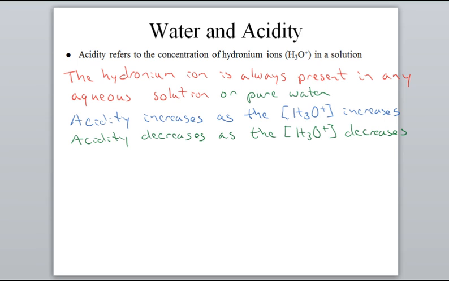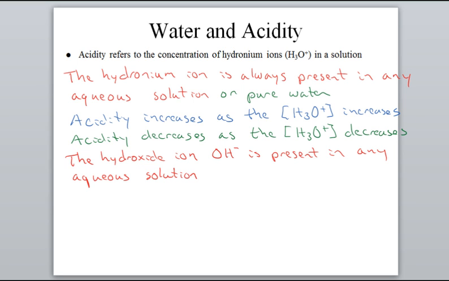What's also interesting about aqueous solutions or pure water is that the hydroxide ion is also always present. As the hydronium ion concentration increases, the hydroxide ion concentration decreases. Or, if the hydroxide ion concentration increases, the hydronium ion concentration would decrease.